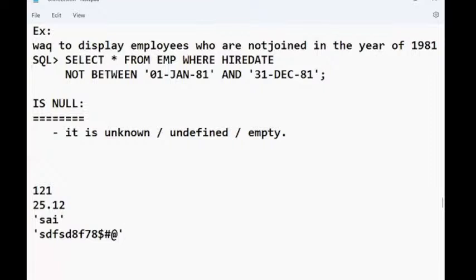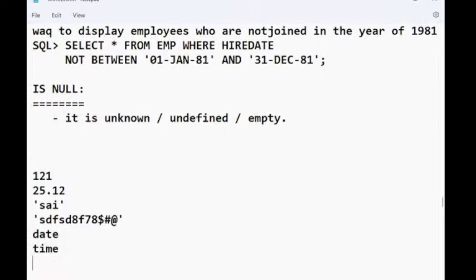Next, we have to compare a date, we have to check time, and binary. So all these kinds of values I can store and compare with my operators.